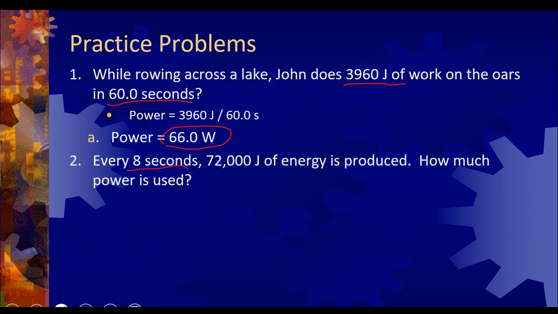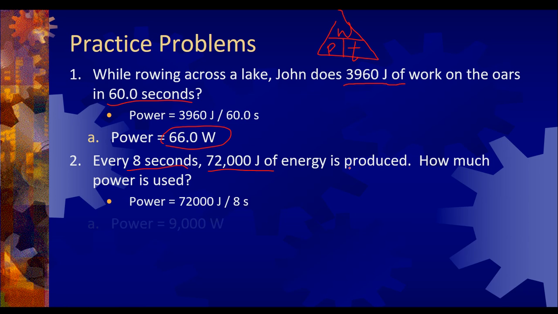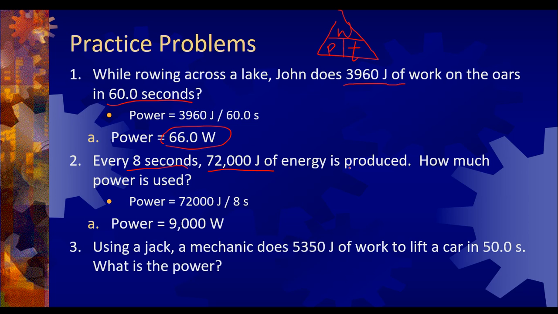So 8 seconds is our time. This is our work. Power is work divided by time. Again, same thing, and you get 9,000 watts. One more: a mechanic does this many joules of work in this many seconds. Work divided by seconds gives that many watts. W is watts.